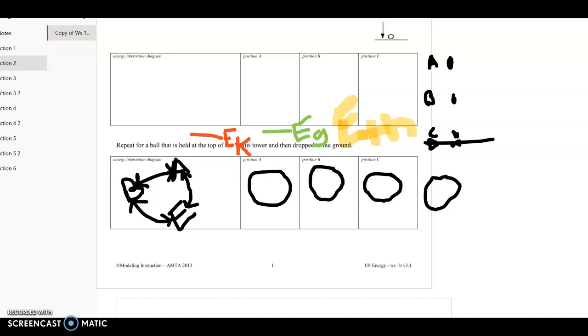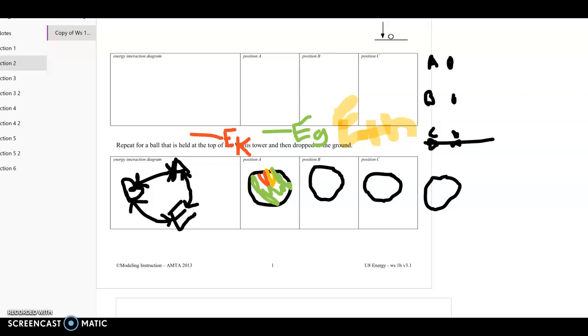All right, so we're going to start at the top, and it's going to look just the same, but if it were not already moving, then it would just be all EG, right? But I said it was moving a little, and if it's moving a little, then there's a little thermal, right? Because it's pushing against the air a little. And then the rest is, okay, so we know thermal can only get bigger.